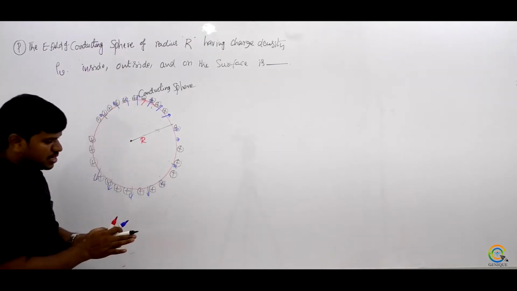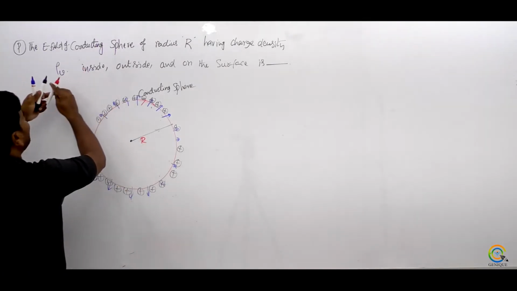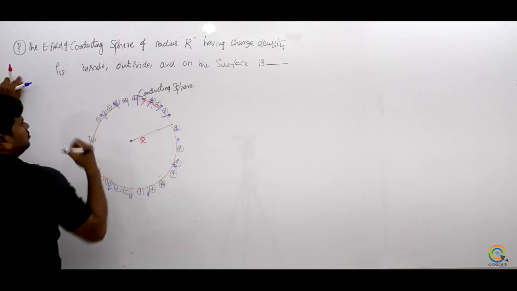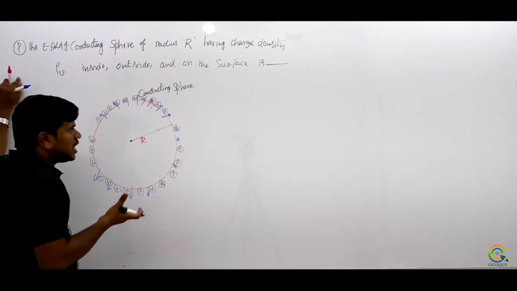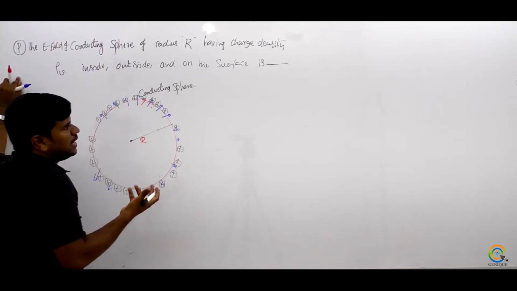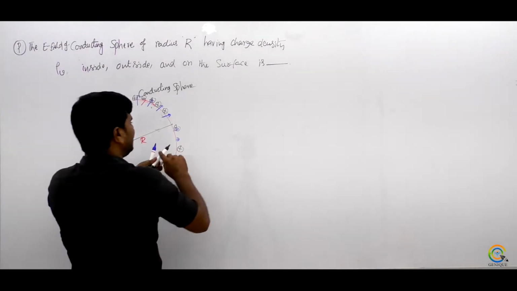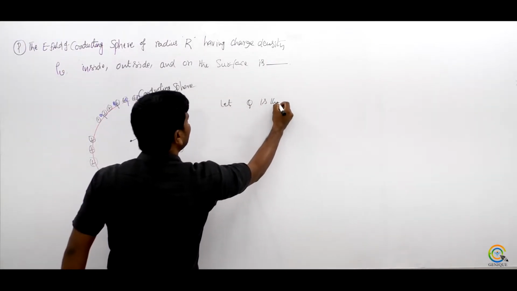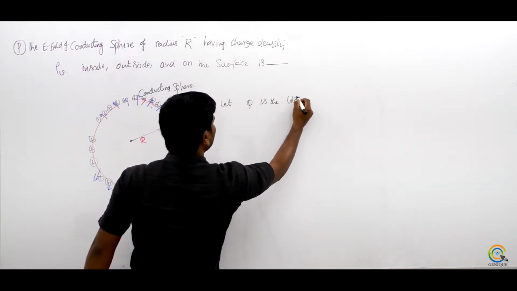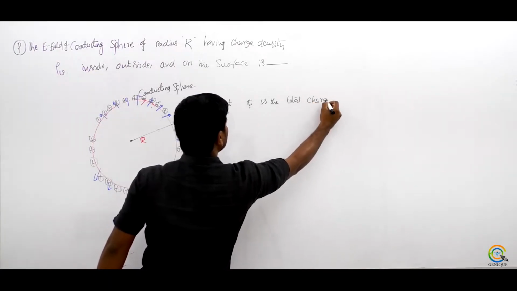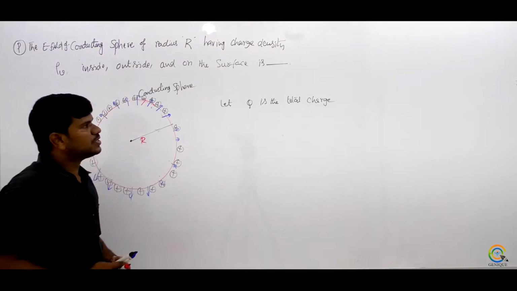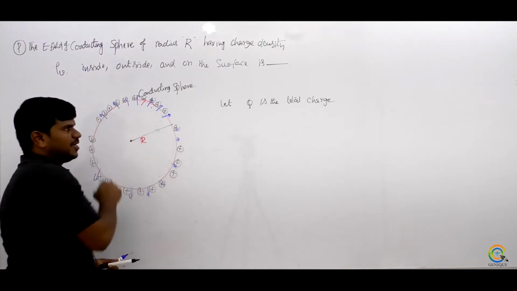Let us suppose it has charge density rho v and charge q. Let q be the total charge on the sphere.